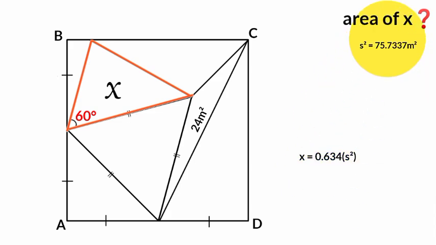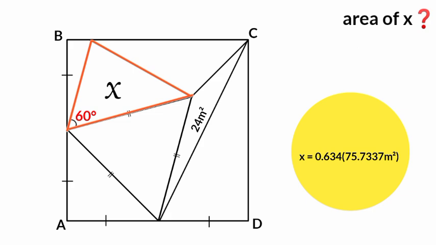And recall we calculated s squared to be 75.7337 meters squared. So X equals 0.634 times 75.7337 meters squared, which on a calculator is 48.0151658 meters squared, approximately 48 meters squared. So the area of X which you are asked to calculate is approximately 48 meters squared.